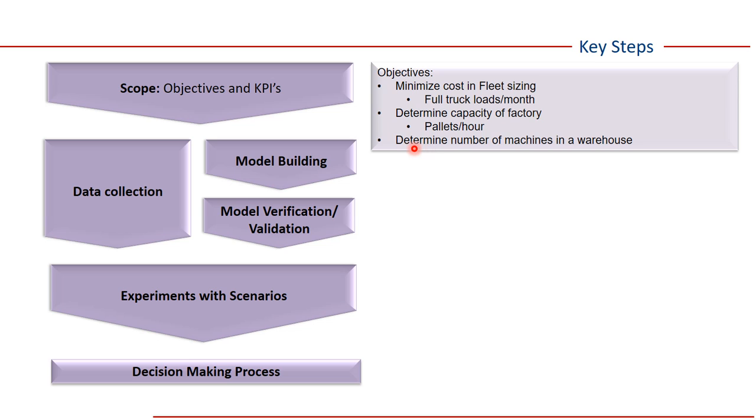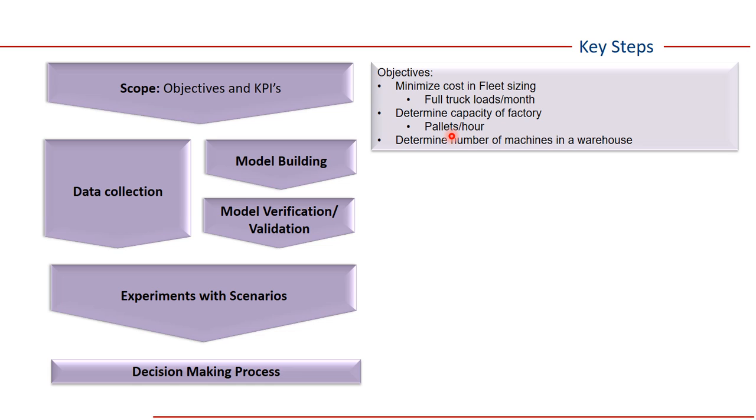And according to these KPIs, it's necessary to collect some data. For example, if you have this KPI of pallets per hour, you need to collect some performance data, like what is the productivity in pallets per hour that each dock could establish in this model.